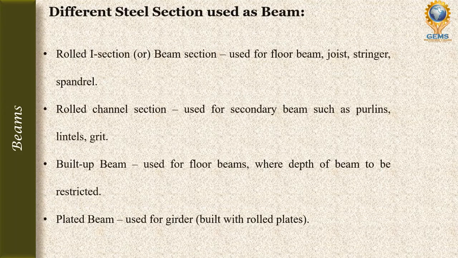If you are going to use a rolled I section or a beam section, we use it in floor beams, joists, stringers, spandrels, or girder beams.